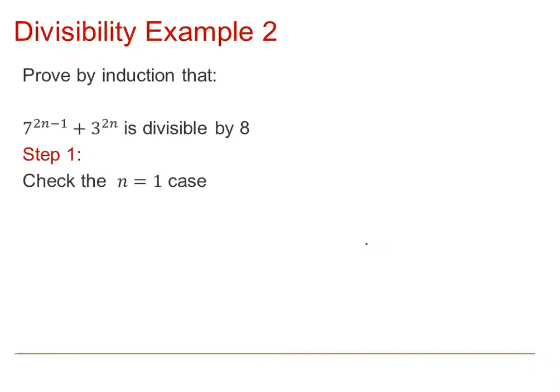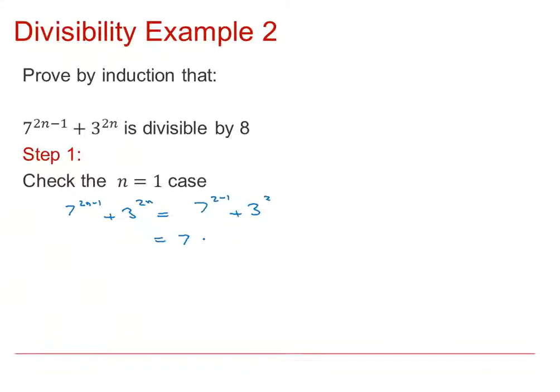So the first step, is it true when n equals 1? So when n equals 1, 7 to the 2n minus 1 plus 3 to the 2n becomes 7 to the 2 times 1 minus 1 plus 3 to the 2 times 1, which is 2.